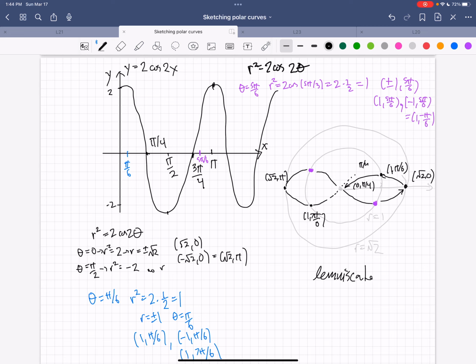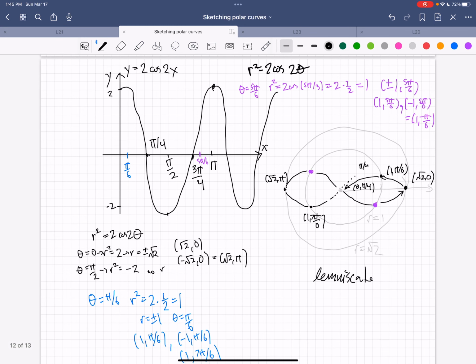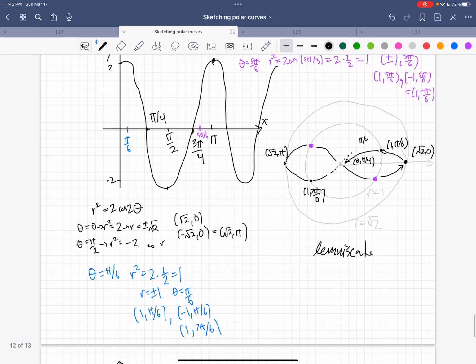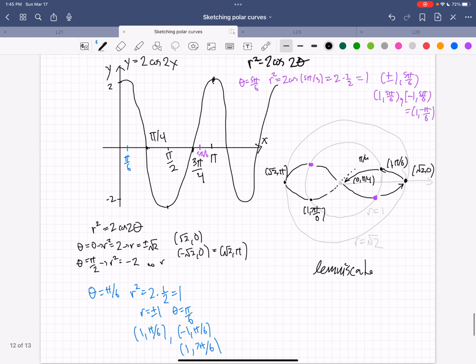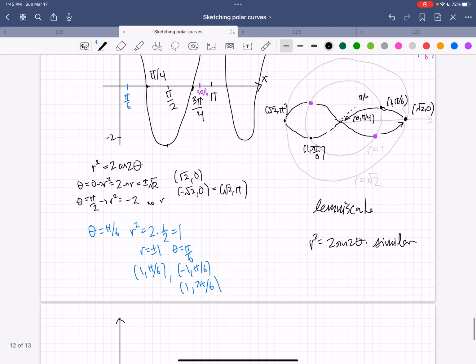The order in which you go through the points is determined by the angles, even if you look at the negative radius, if that makes sense. That's a trickier one, but hopefully that helps you for sketching it. You can do something similar for r squared is equal to 2 sine 2 theta, where you look at in-between numbers that give you convenient values.